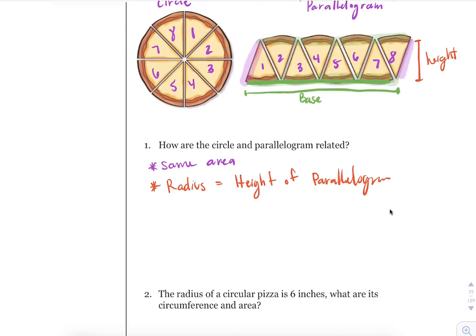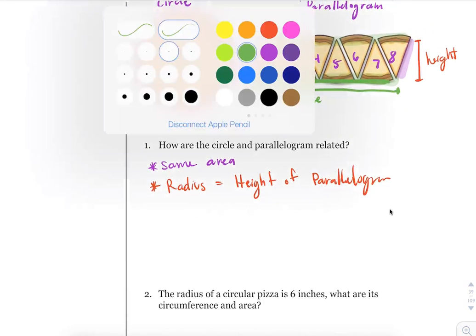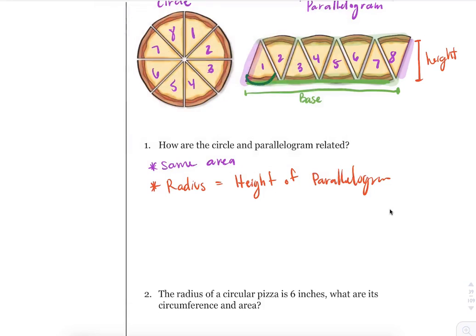Now let's look at the base part, this green portion here. I'm going to use a darker green. I've got 1, 2, 3, 4 edges of the pizza that make up that base.